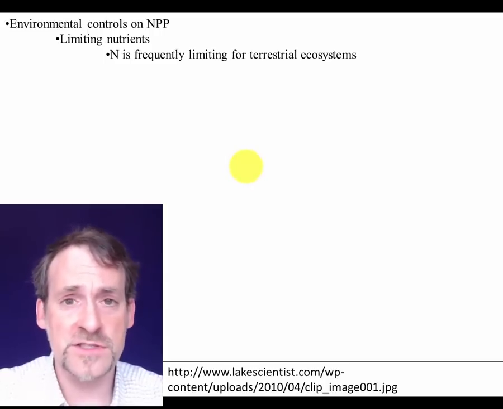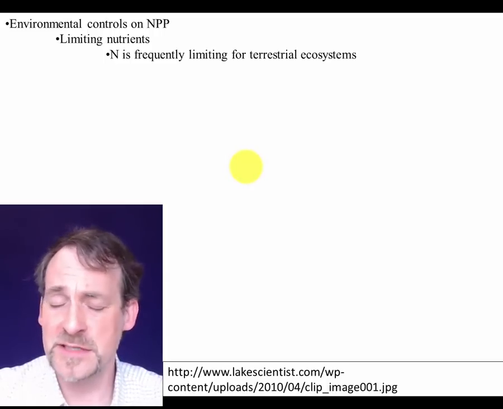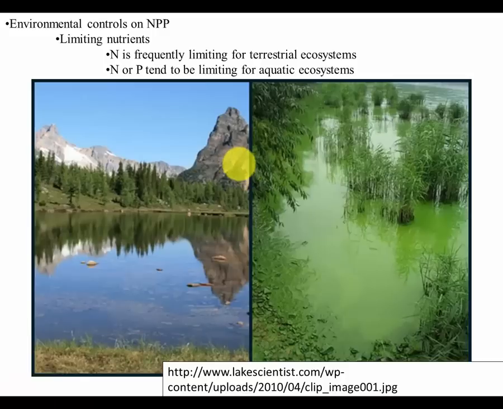If you're going to run out of some nutrient on land, it's probably going to be nitrogen, but nitrogen or phosphorus can be limiting in aquatic ecosystems. In our next lecture, we're going to be looking at how sensitive these ecosystems are to nutrients. There's such a thing as nutrient pollution that can really harm an aquatic ecosystem. That's what's shown here.